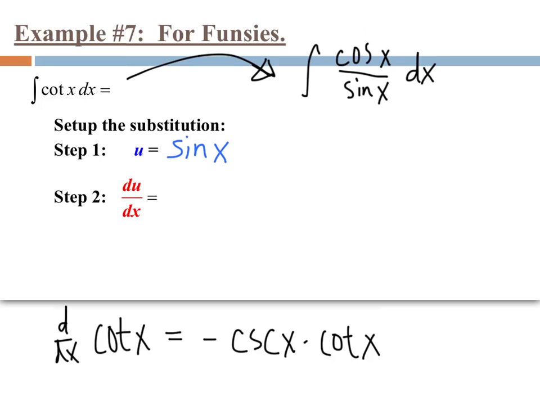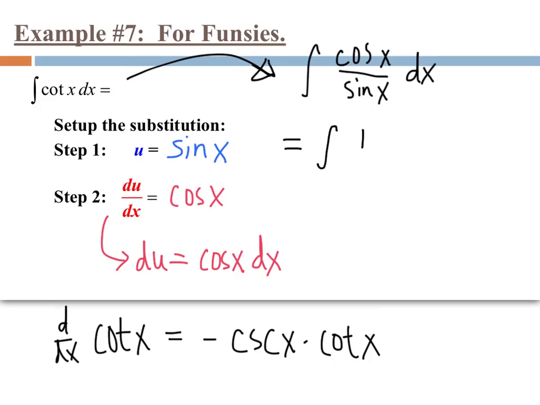So if you set u to be equal to sine x, then the derivative is cosine of x, and of course, du is equal to cosine of x dx. So let's write this integral as 1 over sine x times cosine x dx, just to see the substitution a little better.